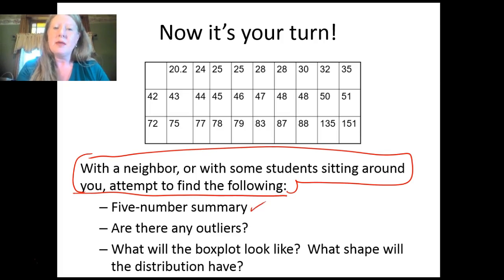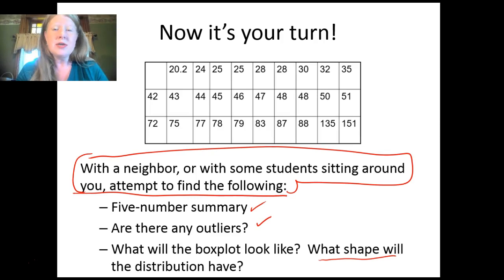Find the 5-number summary, determine if you have any outliers, so think about what we just did and how you can use that rule to determine if you have outliers. And then think about what your box plot will look like. Once you have the 5-number summary, try to draw a rough sketch of that box plot. And in addition to thinking about what the box plot's going to look like, think about what shape that distribution is going to have.